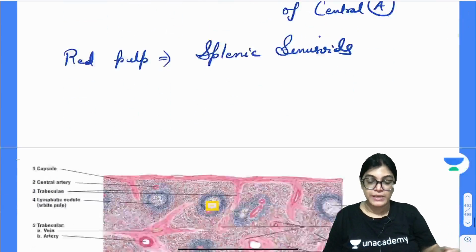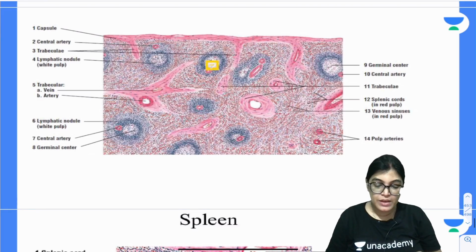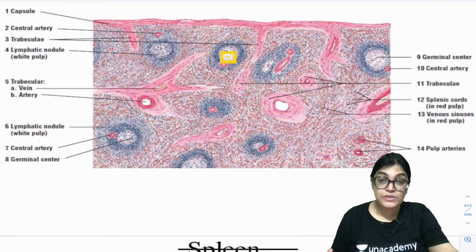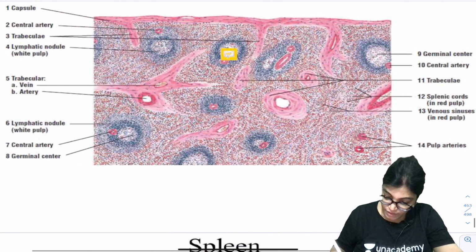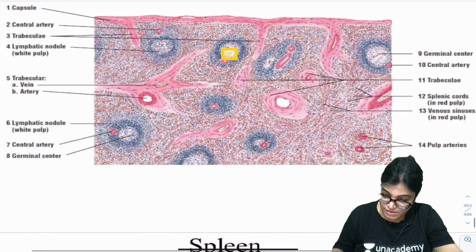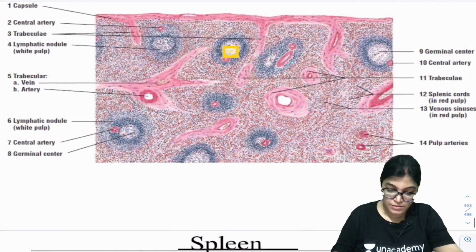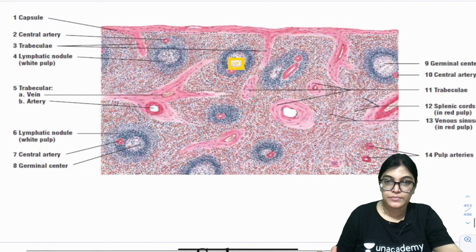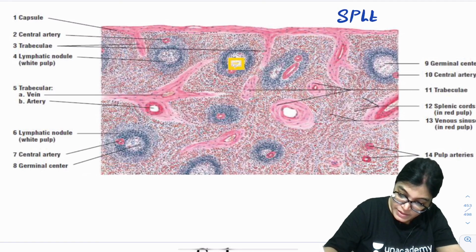Okay, my dear aspirants, let me show you this diagram so that your concepts will be clear. So, this is a slide of spleen, spleen histology.